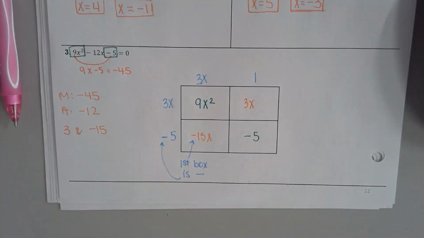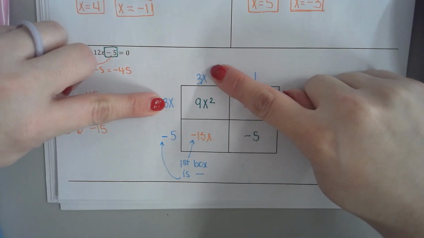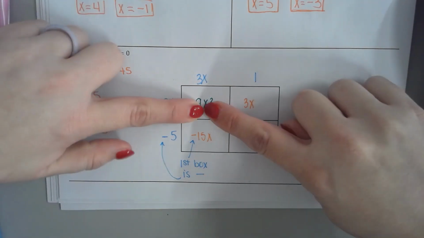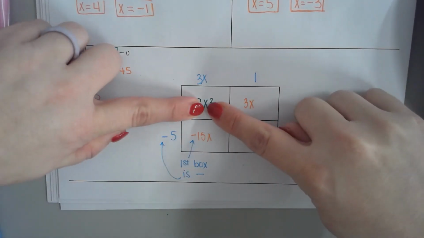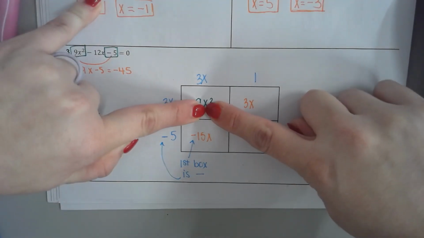Now at this point, you need to do a glance over and check. It's really easy to do right here. It does not take long. If you multiply the two things that are on the outside, they should equal this number on the inside. Is 3x times 3x 9x squared?